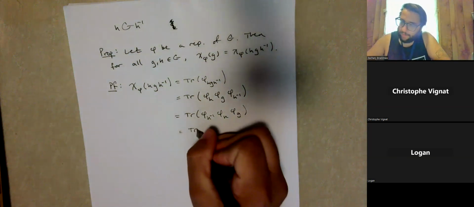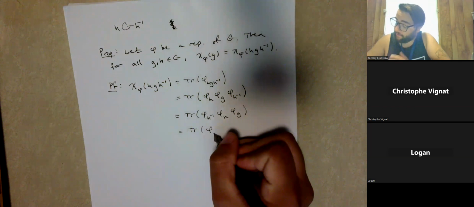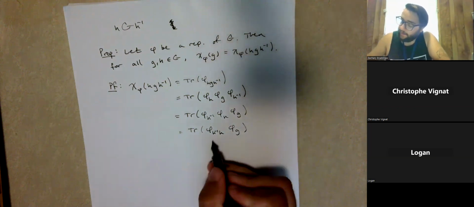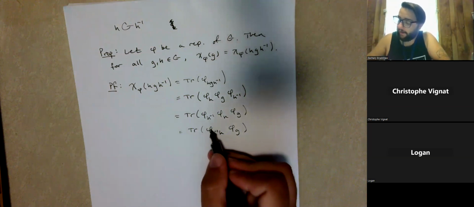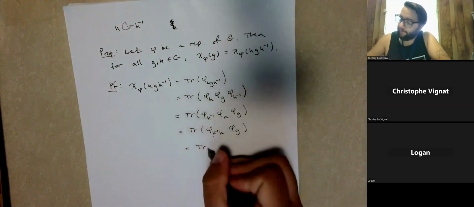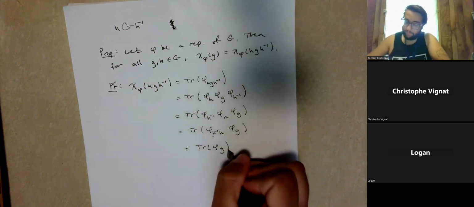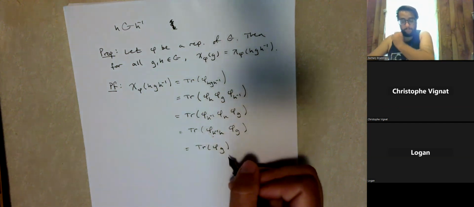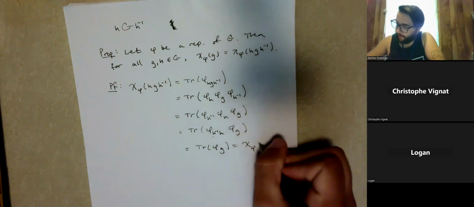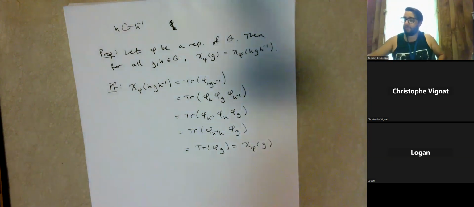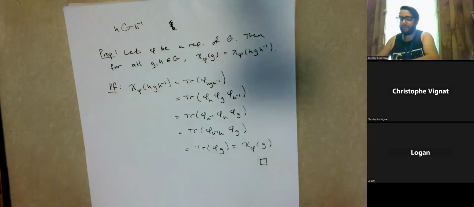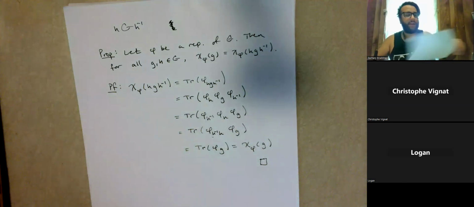And we use that homomorphism property again to write this as trace of phi h inverse h, phi g. H inverse h is the identity, and a homomorphism maps the identity to the identity. So this is just going to be trace of phi g. Okay, and this is the character of phi applied to g. So again, the character function is constant on every conjugacy class.